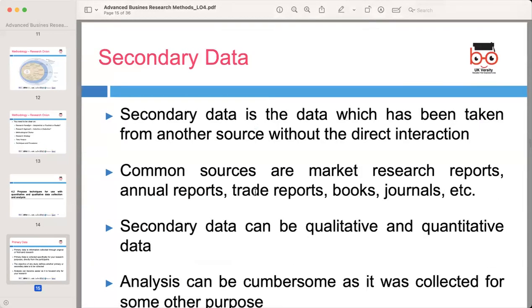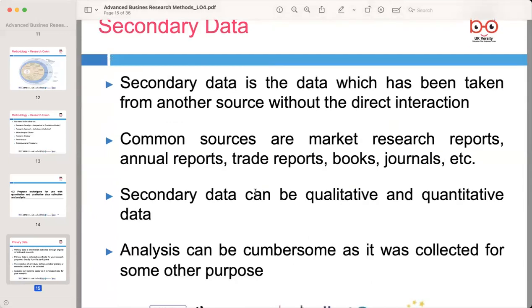Secondary data. This data refers to information that is collected from existing sources without direct interaction with the participants or the environment being studied. This type of data is already available and can be found in various sources such as market research reports, annual reports, trade reports, books and journals.